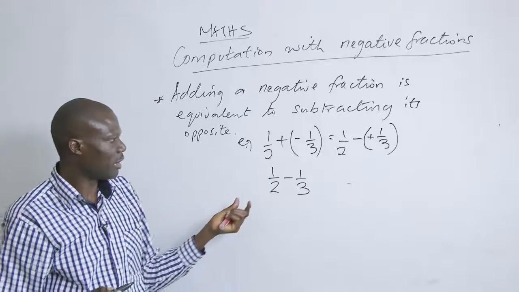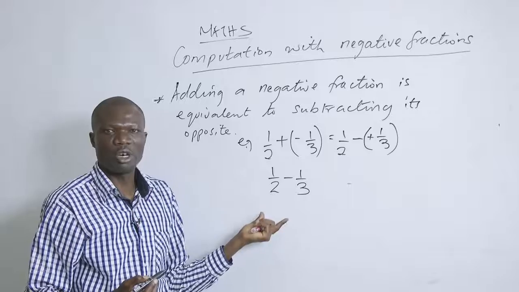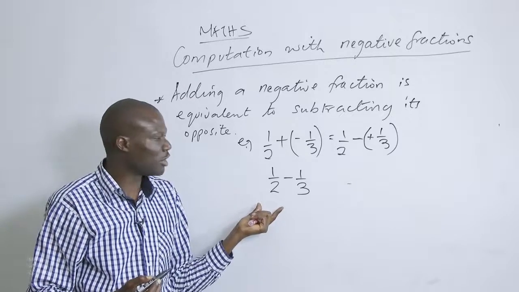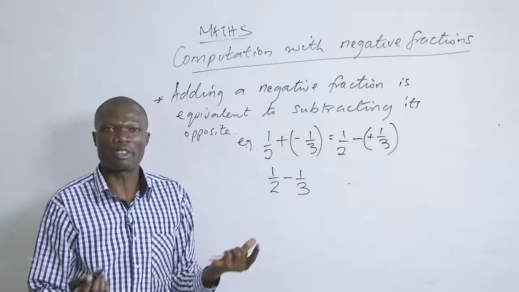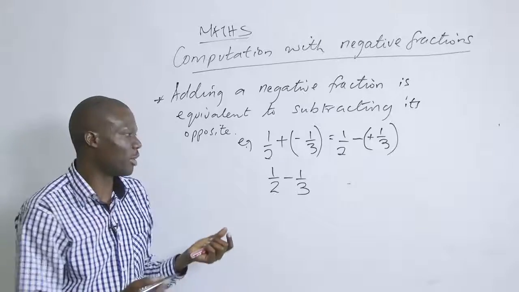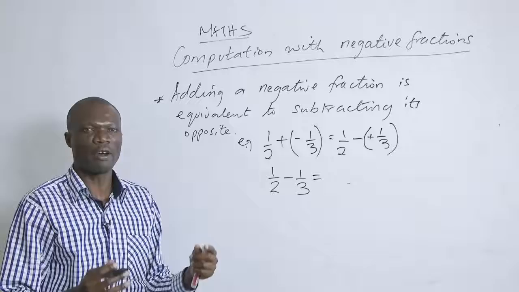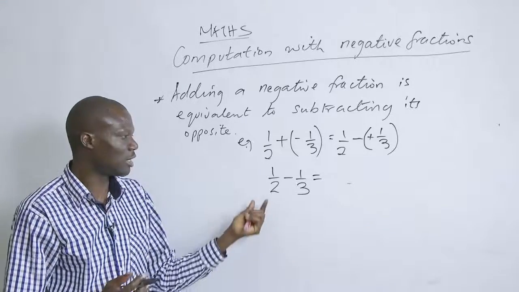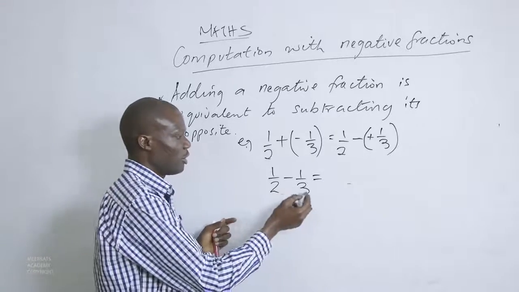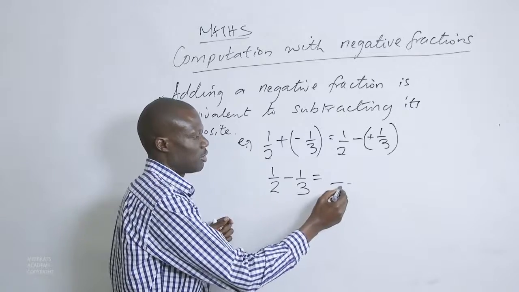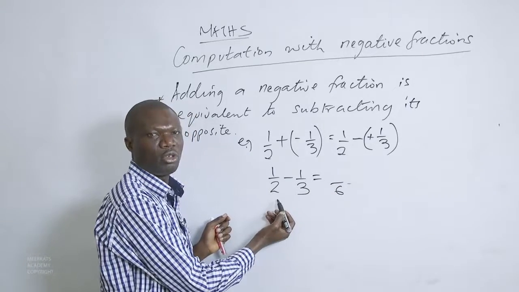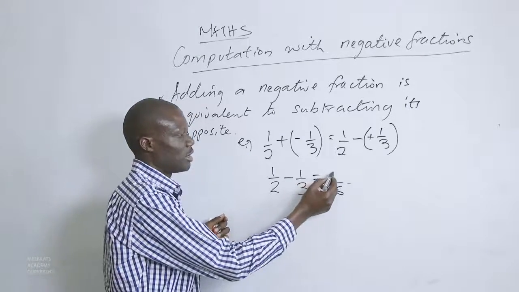Now we are ready. We have simply reduced this to a simple fraction where we are required to subtract, and we shall apply the ordinary way. The denominators are not the same, so we have to find the LCD, that is the lowest common denominator, for 2 and 3, which is 6. So this one is 6. 6 divided by 2 is 3. 3 times 1 is 3.